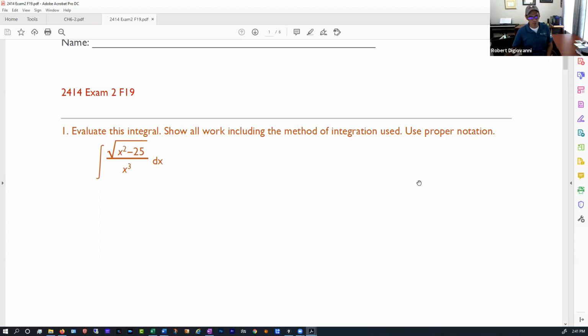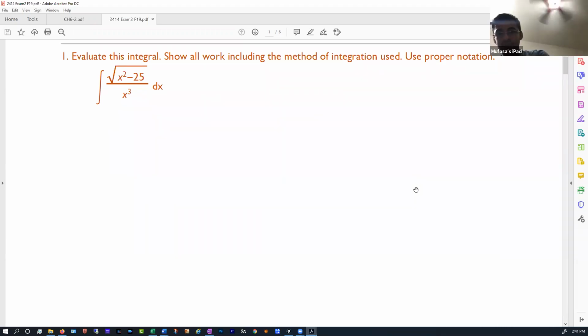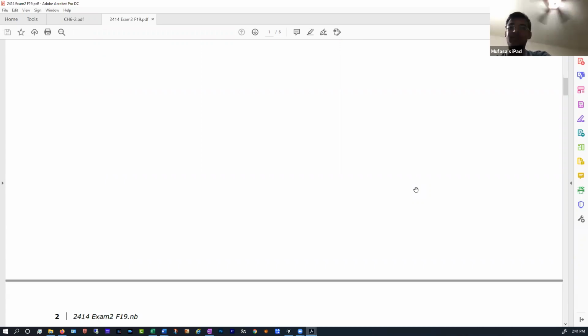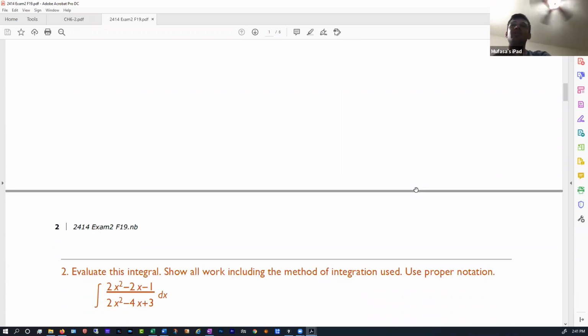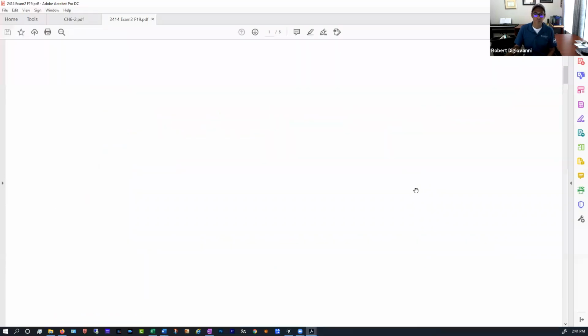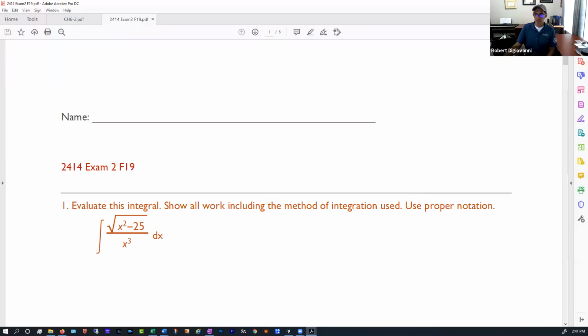Shall we peek at the next one? Yes. Where is it? You were right about the fact that the U substitution and integration by parts will look easier. It's relative, right? It's relative by necessity almost.